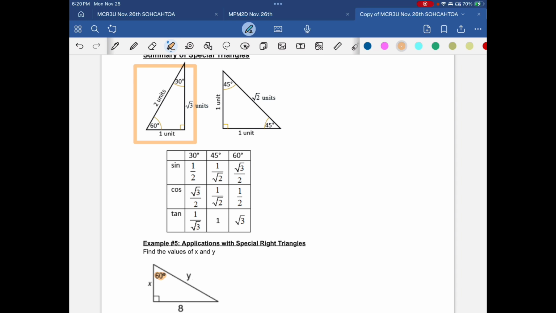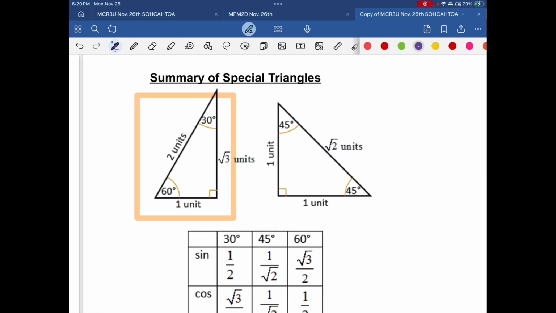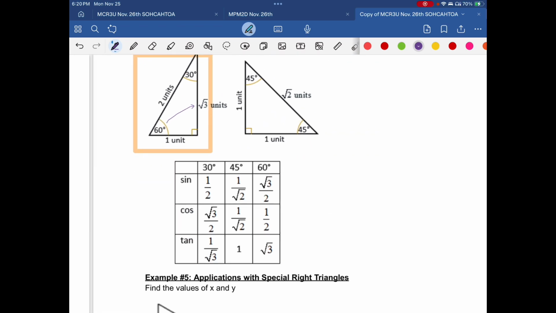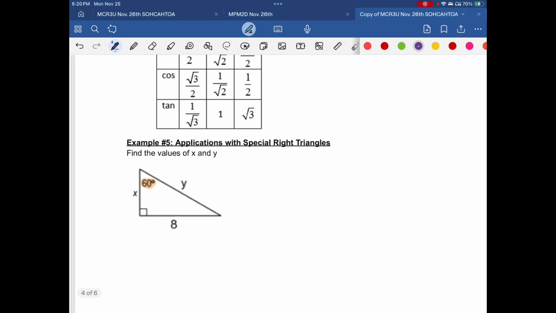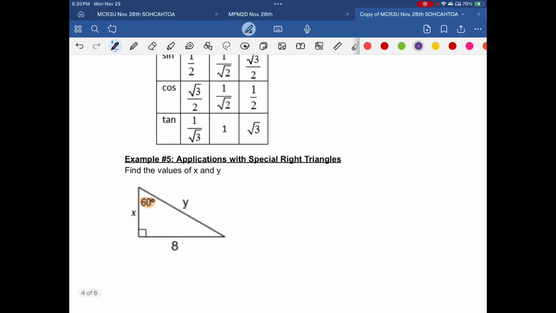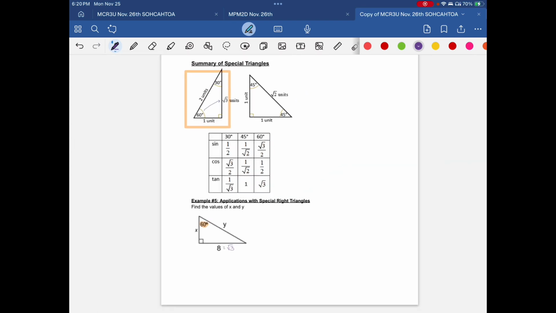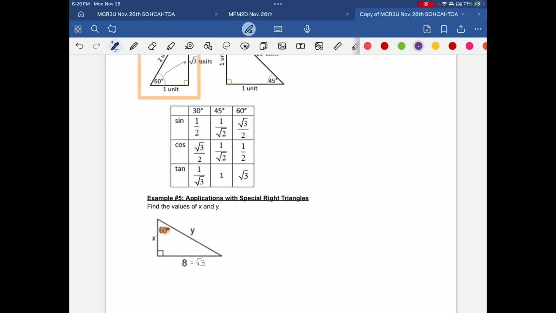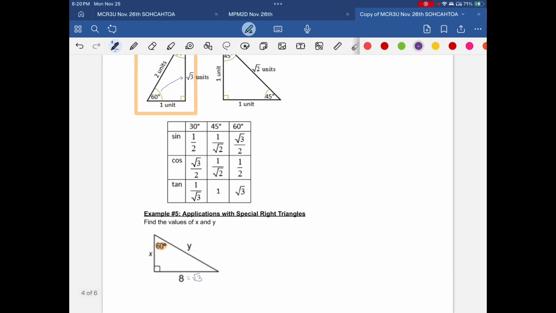Based upon the summary of my special triangles, I know opposite to 60 degrees is root 3. So this is actually my root 3. Then I have to figure out what is my adjacent to it and what is my y value. So how would we go about doing this?